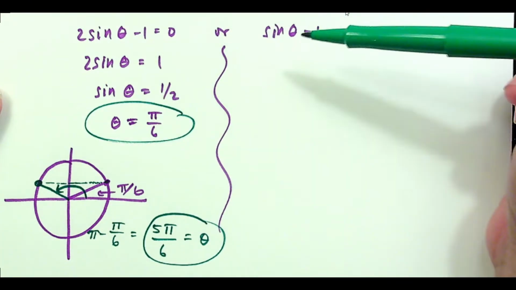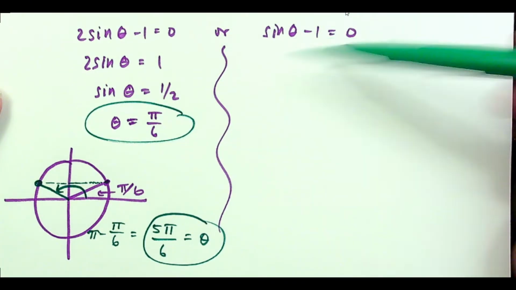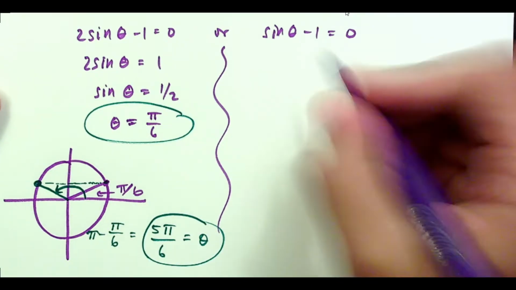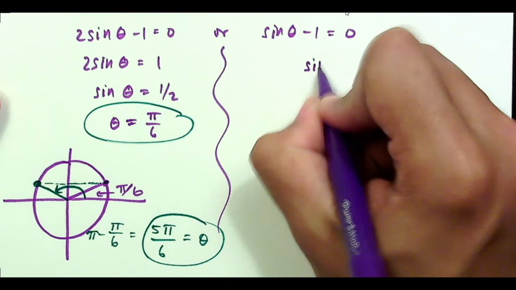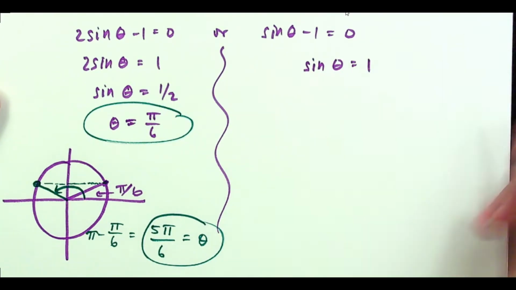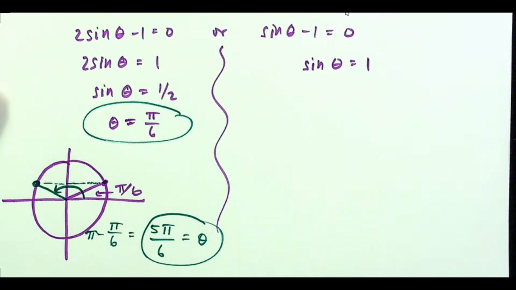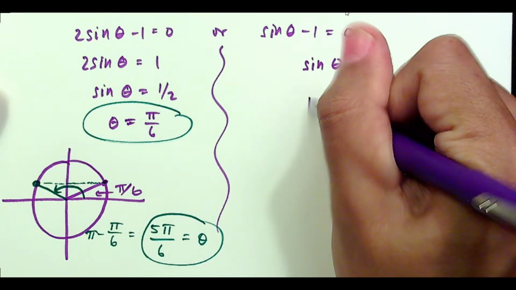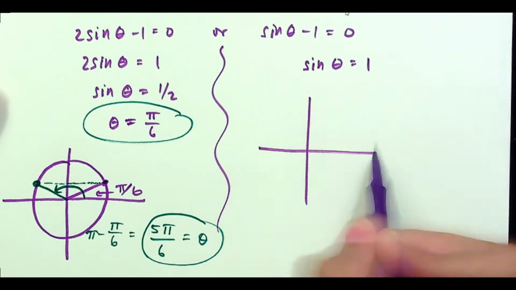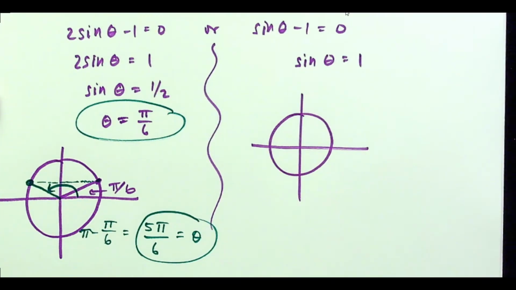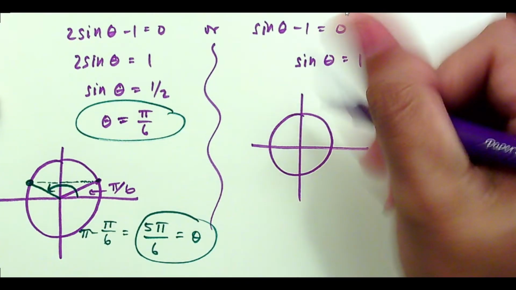Now let's solve the second equation right here. That one says sine of theta minus 1 equals 0. Move the 1. You get sine of theta equals 1. And now what is the angle whose sine equals 1? Sine is, remember, the y-coordinate or the second coordinate.